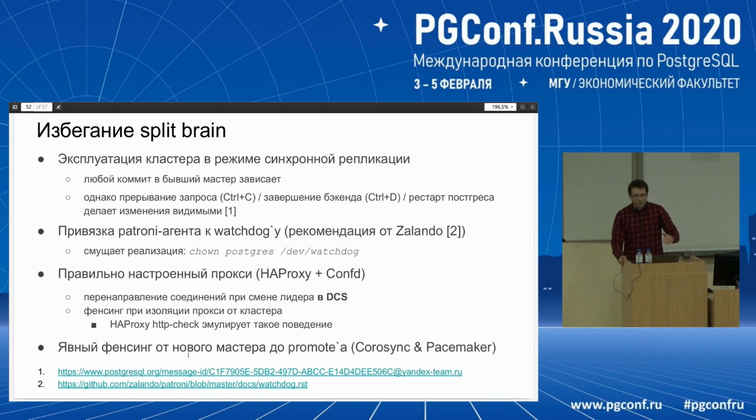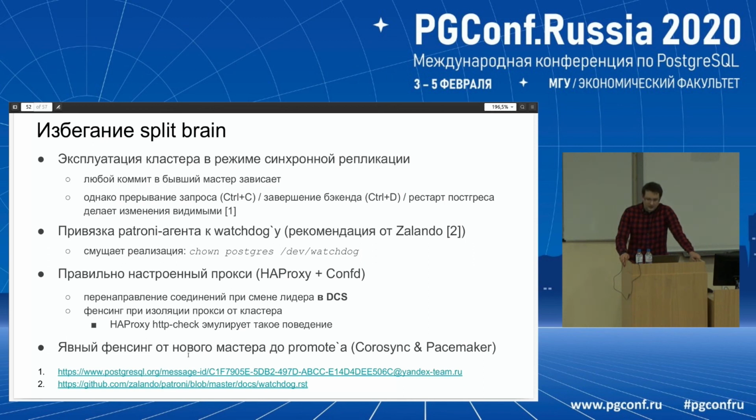What Zalando offers is the setting of the watchdog. So if Patroni doesn't respond after a certain amount of time, the whole node is fenced. It's either restarted or it's stopped.